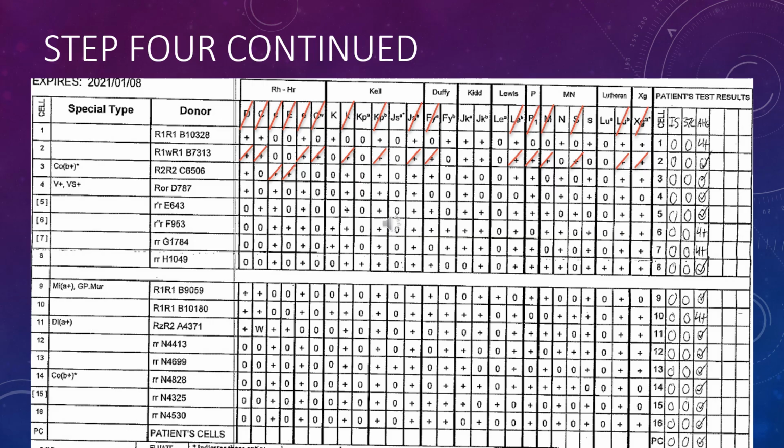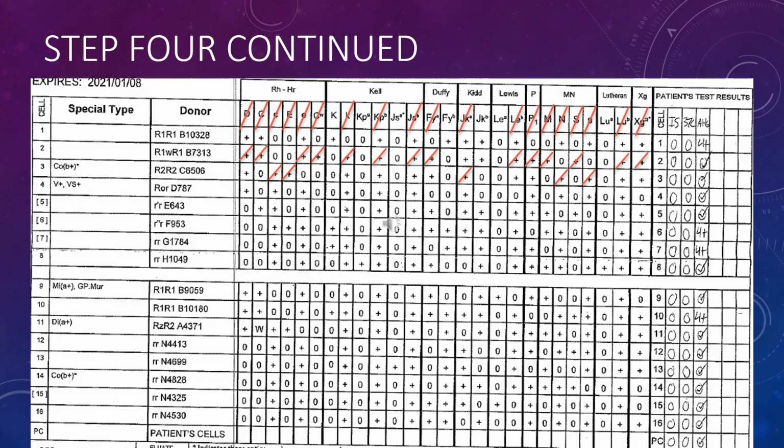Can we cross that off now? Yep, we can cross it off because it's homozygous. We keep going. Can we cross off N? Yes. What about little s? Yep, we can cross that off too. So when you're first starting, I want you to go through each line like this to see if there's something you can rule out. And then once you get more experience, you can take a few little shortcuts.